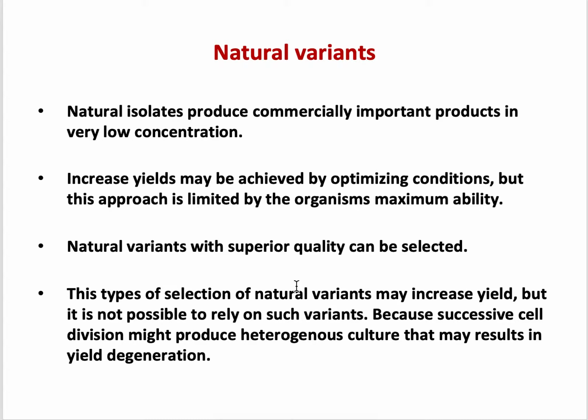When these cells divide, these are microorganisms, so they will continuously divide. During division, a heterogeneous culture, that means heterogeneous microorganisms, can be produced, and if a heterogeneous culture is produced, the yield may get degenerated.